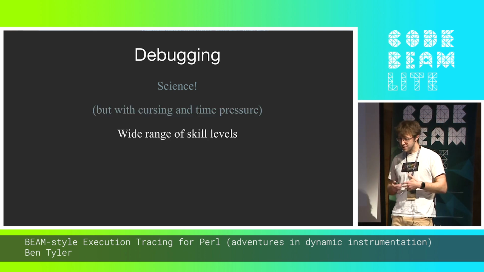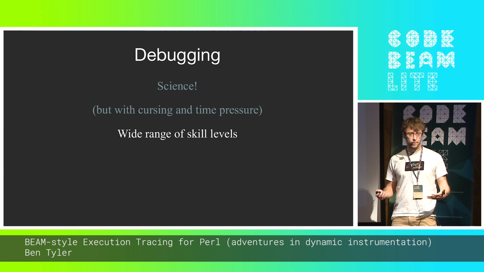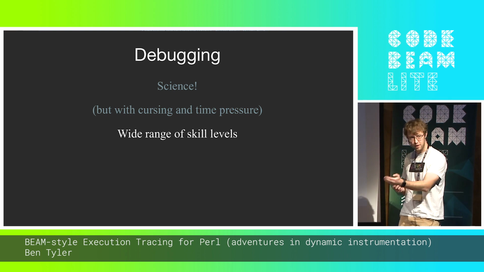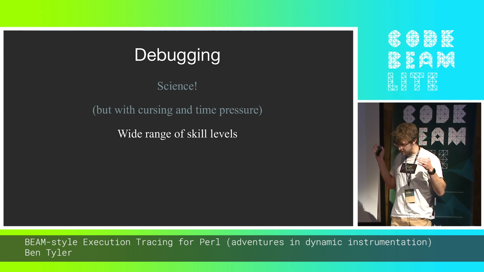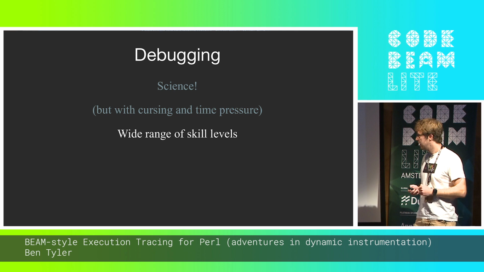And what you discover when you work in incident response is that there is a really wide range of skill levels in debugging. Some folks just seem to have the touch. They can zoom in really quickly on the issue and wipe out whole categories of possibility with really well-targeted questions.